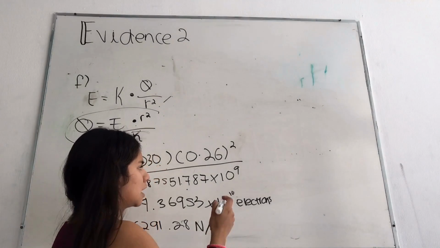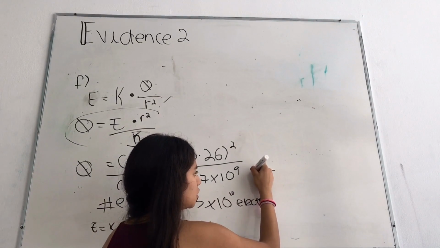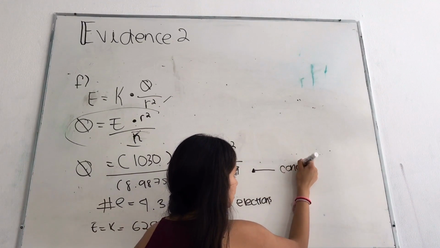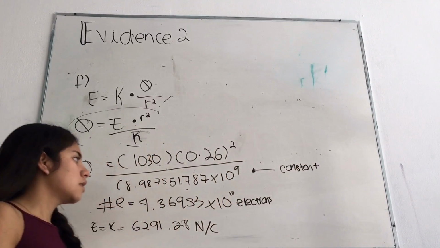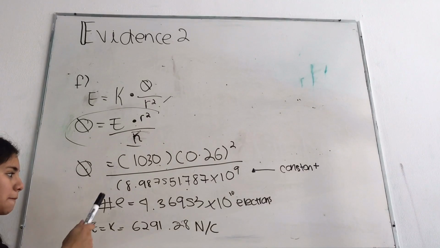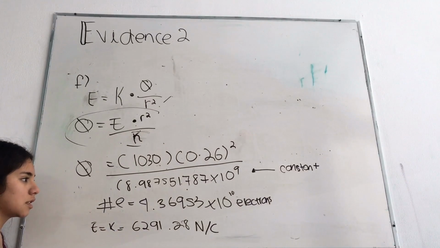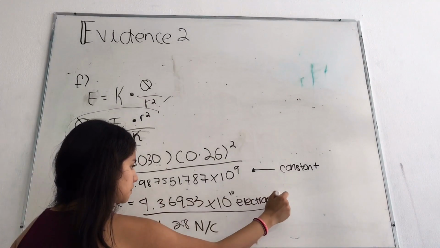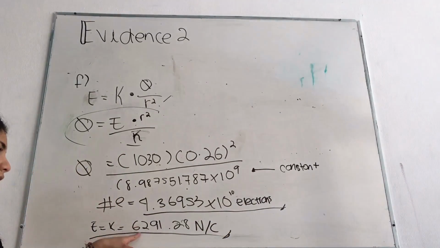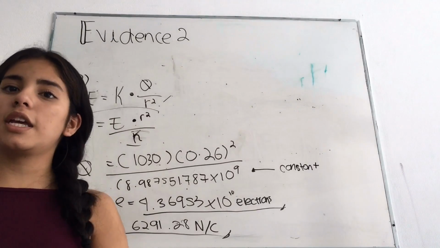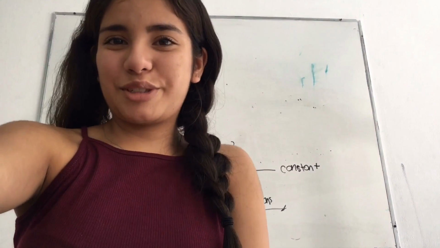And this is a constant, so remember this number, we're going to use it always. So my first result is the number of electrons, that is this. And the second result that it's asking for, the electric field, is this, 6291.28 newtons over coulomb.